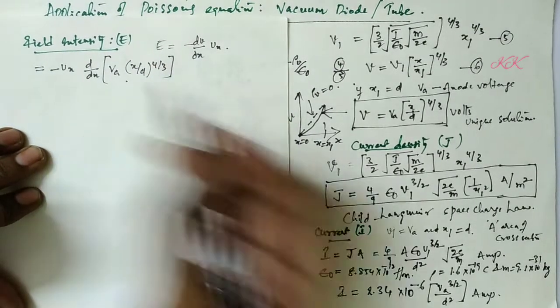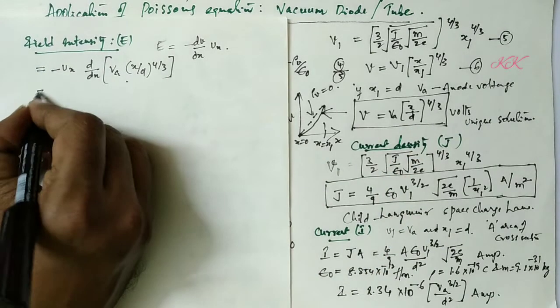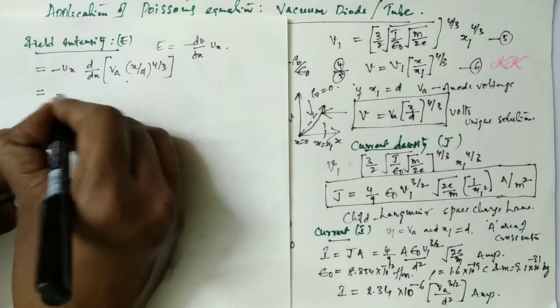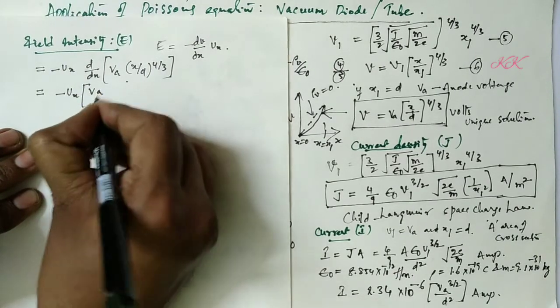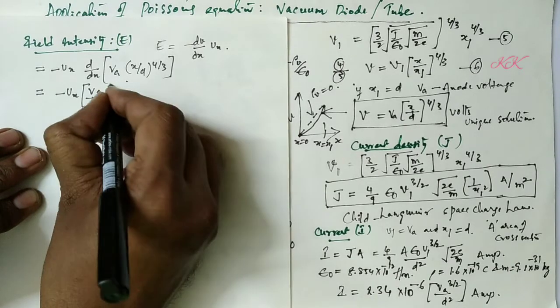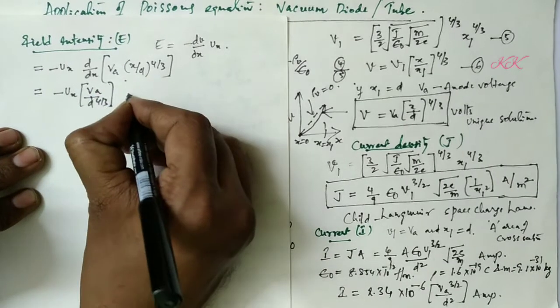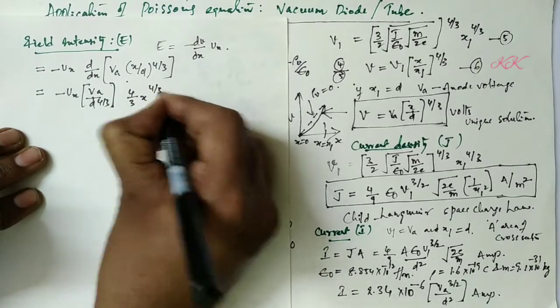This is from this unique solution. This equals minus ux Va divided by d to the power of 4 by 3, and 4 by 3 x to the power of 4 by 3 minus 1.